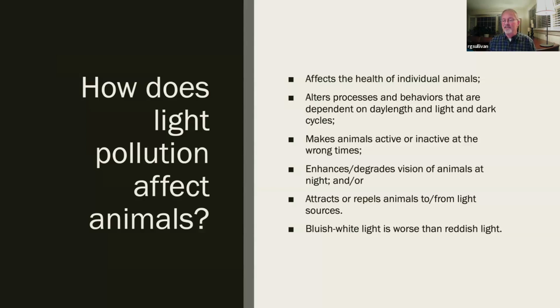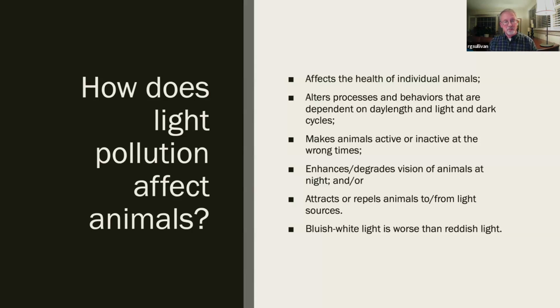Part of the reason that trees drop their leaves in the fall and certain animals begin their migration is not just because of cold. It is because the day length is changing. And when it hits a certain number of hours of light, that is one of the signals that makes them start their migration.